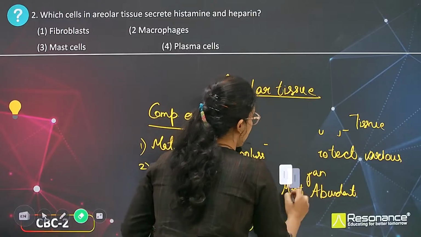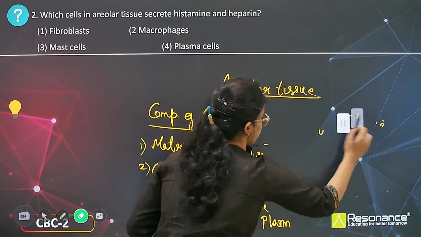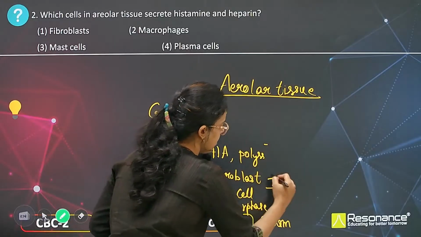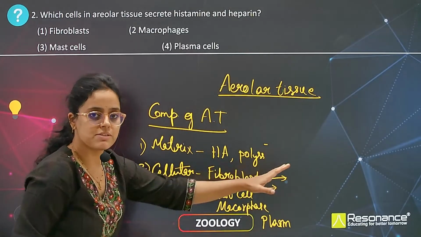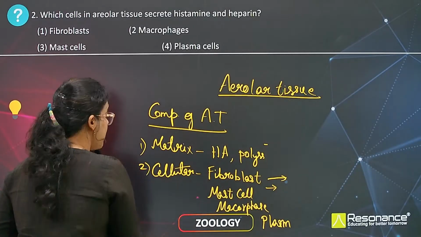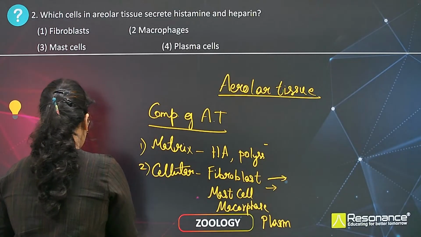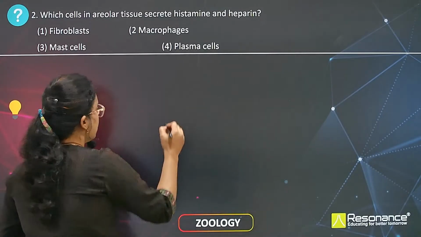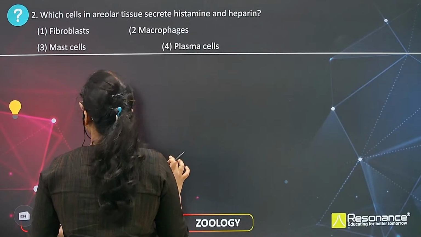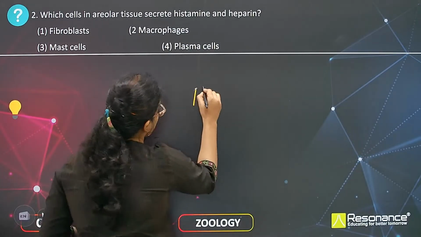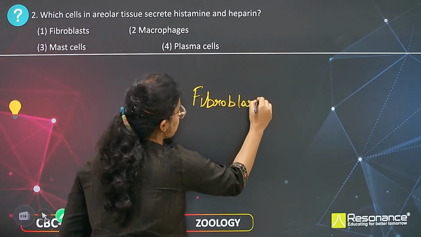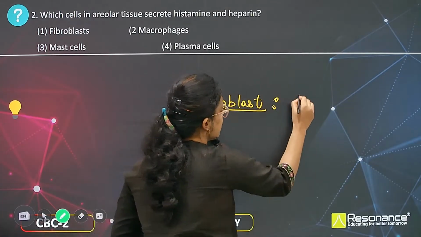And what are the functions? Here these cells have specific functions. Fibroblasts, mast cells, macrophages and plasma cells each have specific functions. What is the role of fibroblast cells? Fibroblasts form fibers.